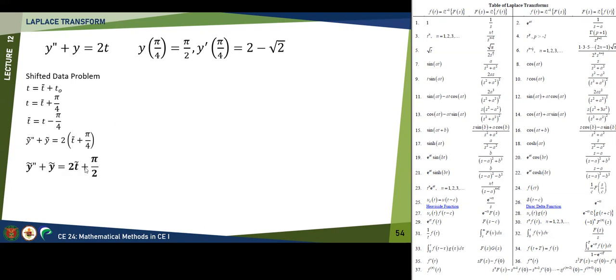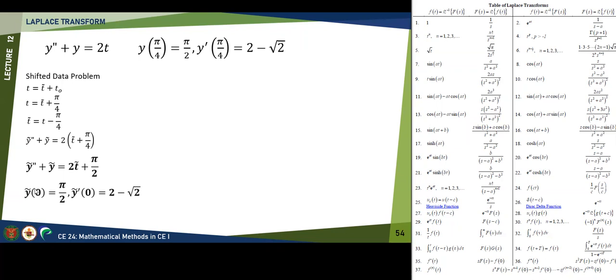Simplifying, you have this as our shifted data equation. The initial values, pi over 2 and 2 minus square root of 2, we are not going to replace; however, we measure them at 0 because our function is now y tilde.